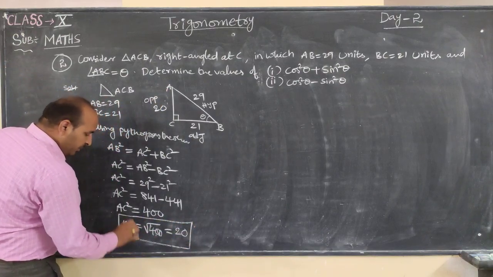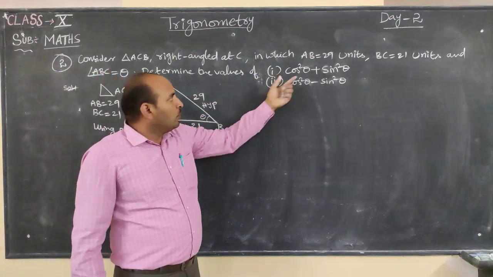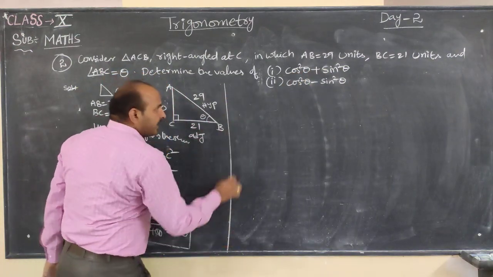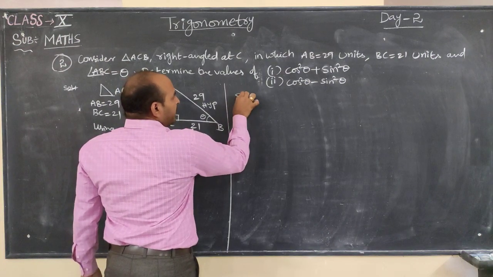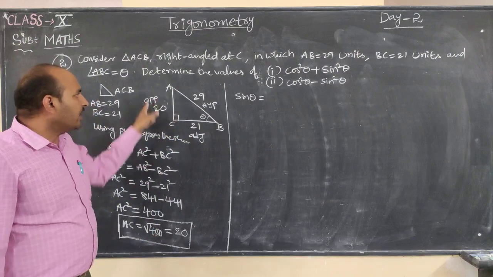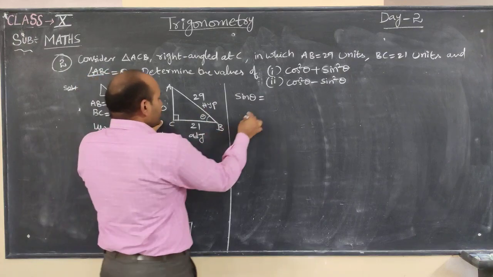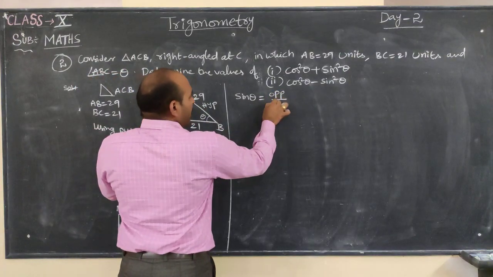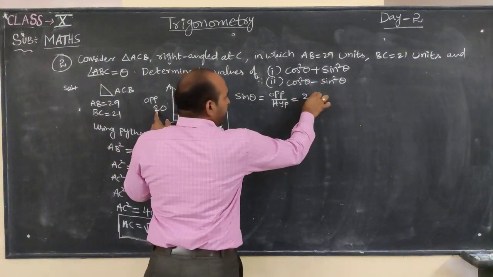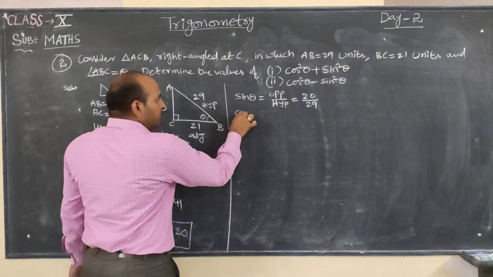So now coming to the problem, bits number 1 and 2 involve cos theta and sin theta. First find out cos theta and sin theta. Sin theta is opposite side divided by hypotenuse, which is 20 divided by 29.